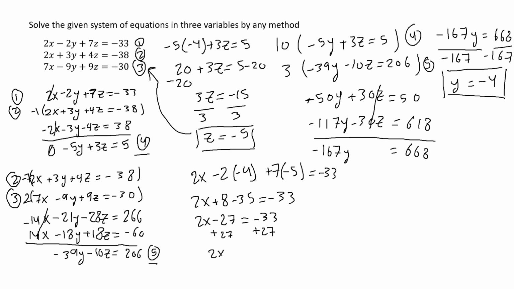So 2x is equal to negative 6. Now we divide both sides of the equation by 2. Negative 6 divided by 2, and x is equal to negative 3. So now we have the solutions of x, y, and z, and that's equal to negative 3, negative 4, negative 5.